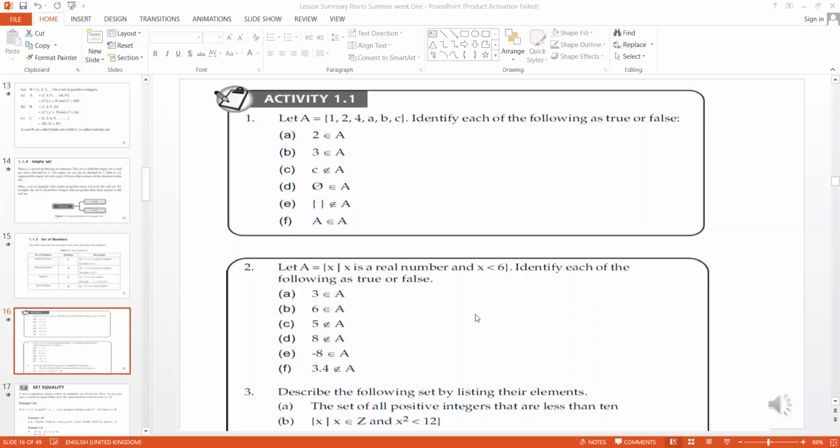Now let's go to the next question. I think question one is quite easy. So let's go to question 2B. Sir, 2B is false. Yes, you're right.